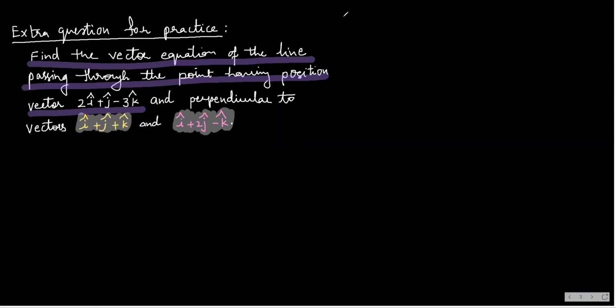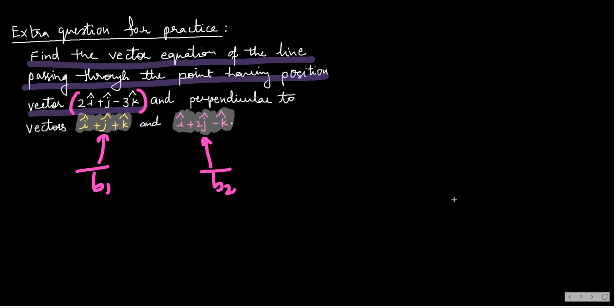Because when I'm given two vectors perpendicular to my line, it would go something this way. We are given two vectors to which the line is perpendicular. So I will call these two vectors b1 bar and b2 bar, and this point I will take as a.